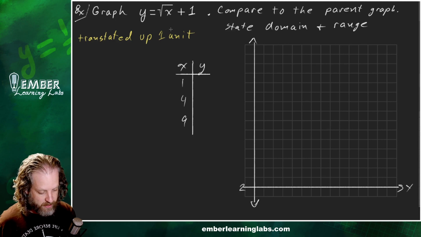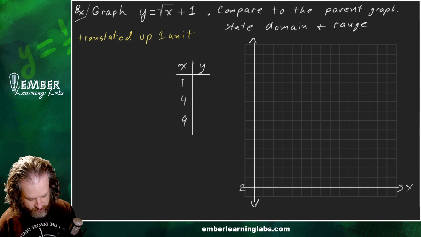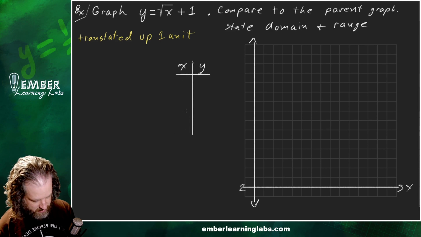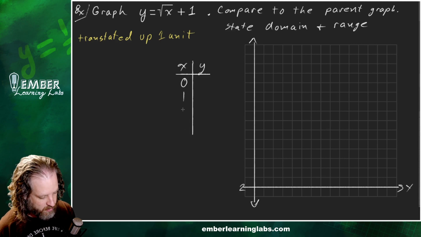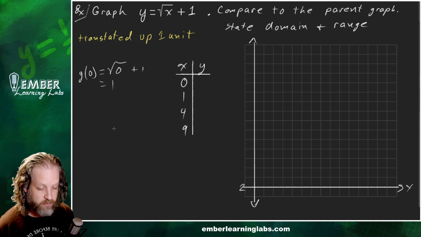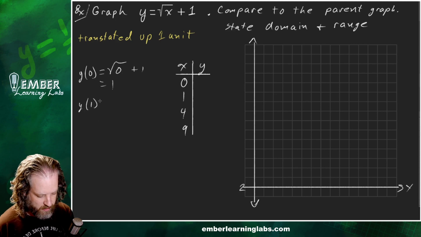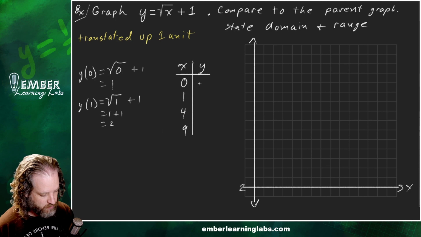So square root of 1 is 1. Oops, and actually we should add 0, 1, 4, and 9. So y of 0 equals the square root of 0 plus 1, which equals 1. Y of 1 equals the square root of 1 plus 1, square root of 1 is 1, plus 1 is 2.